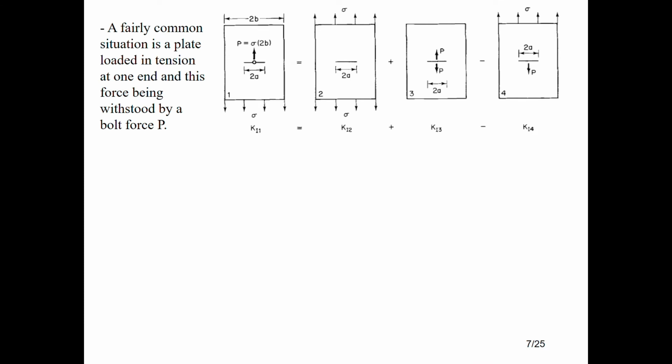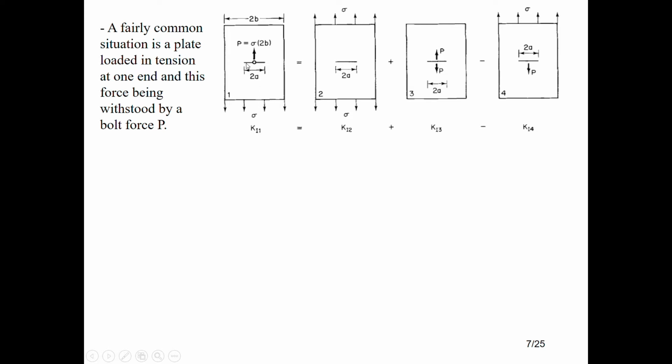Let's see this case. A fairly common situation is a plate loaded in tension at one end and this force being withstood by a bulk force P. If you see the situation at this end, it is constrained or fixed at this point. It means we only have one tension load at one end here.